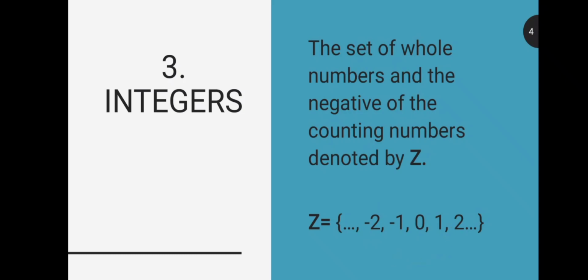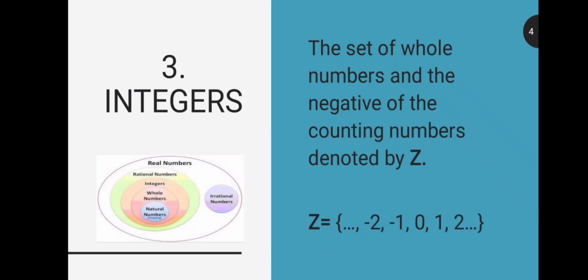So here's the visual representation for integers. So we have there the integers. It includes all the opposites of the counting or natural numbers, and then inside it there are the whole numbers, and inside it there are the counting or natural numbers.